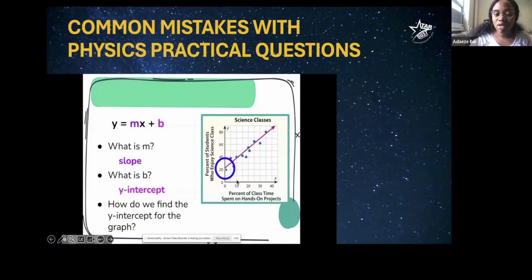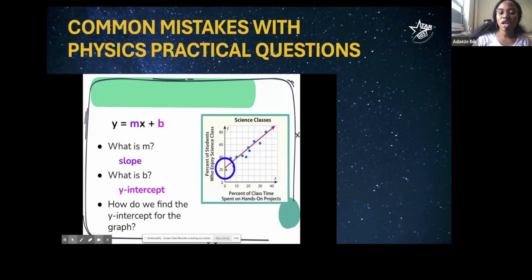Now, the other thing that might come up is intercept. For every straight line, there is slope and there is intercept. So this equation just helps to explain what I'm talking about, where m is usually your slope, y is your y, and b is your y-intercept. In a typical graph, every graph has a way it's intercepting your y-axis, whether on the positive side or the negative side.